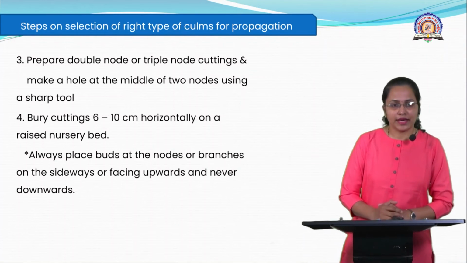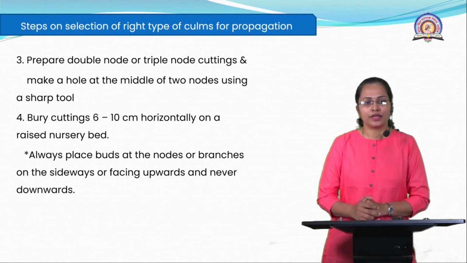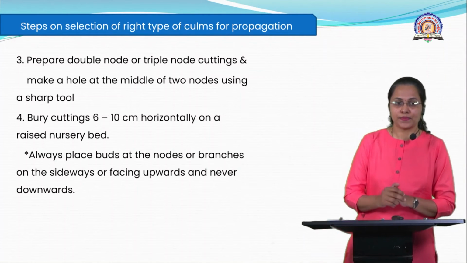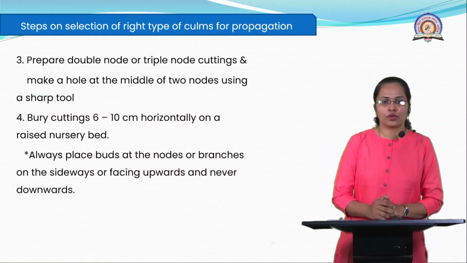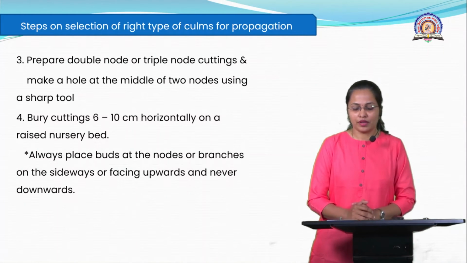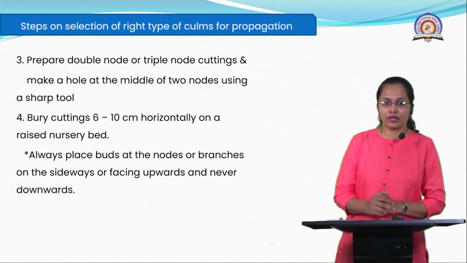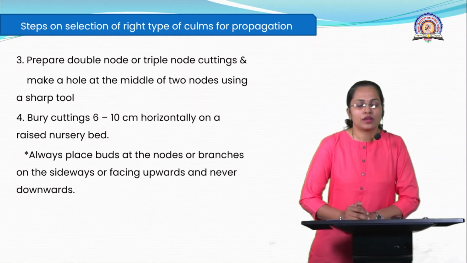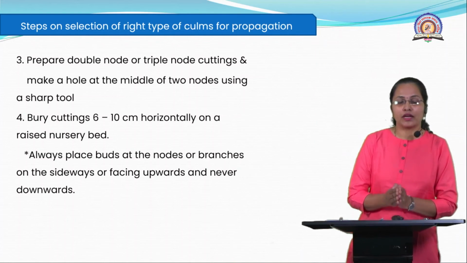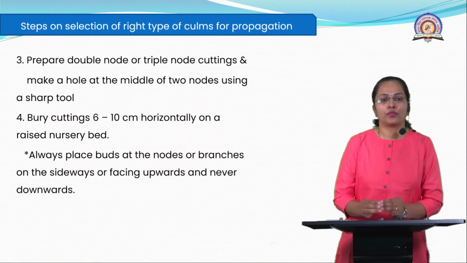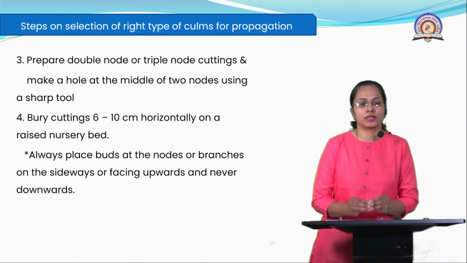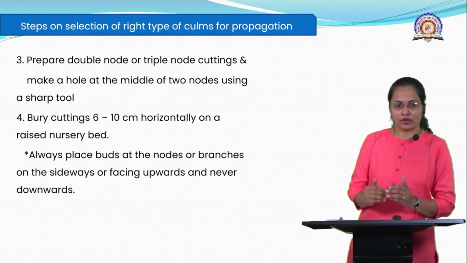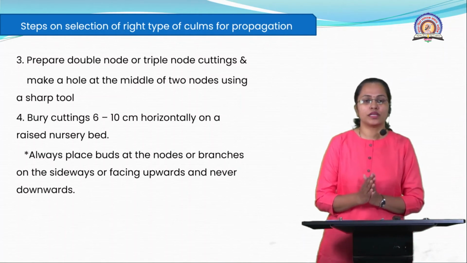At the time of placing the cutting we have to remember one thing: we always place the buds at the nodes or branches on the sideway facing in an upward direction, never in a downward direction. The buds present at the nodal part should face upward, towards the sun. They should not face downward, towards the soil.